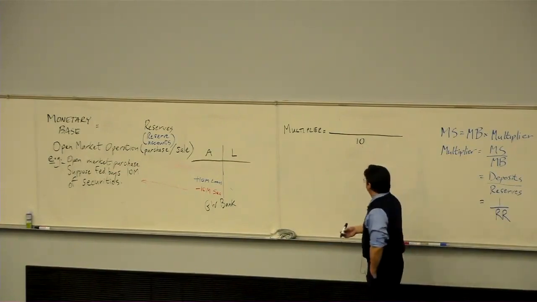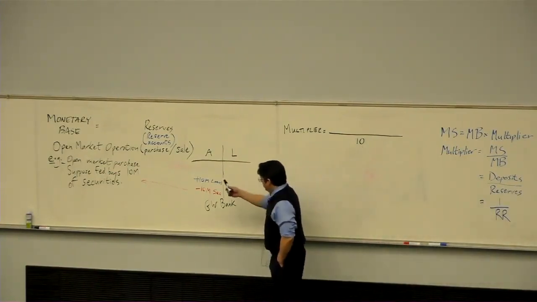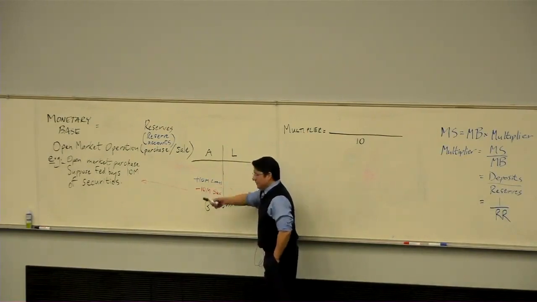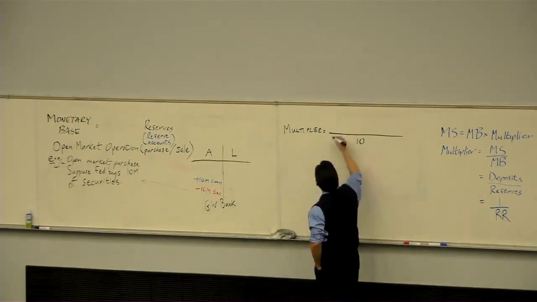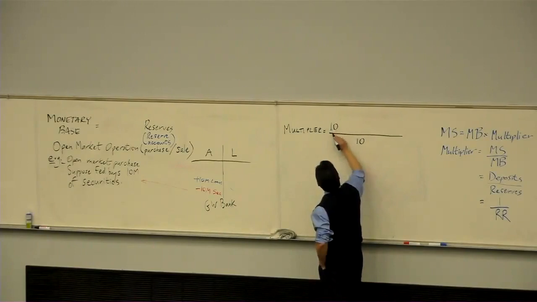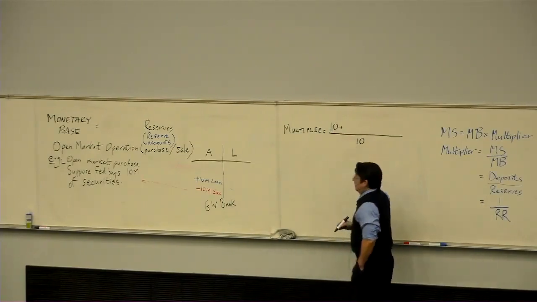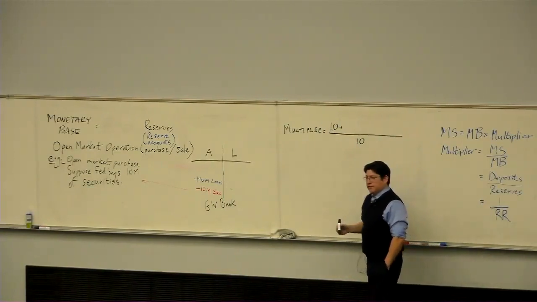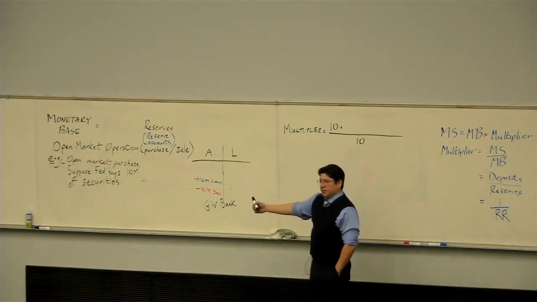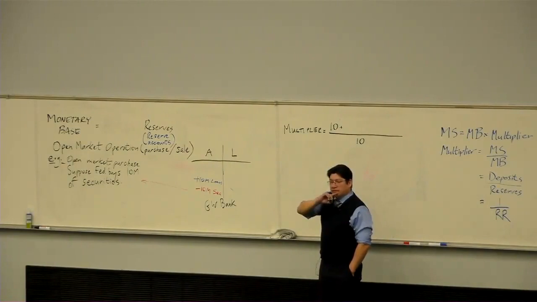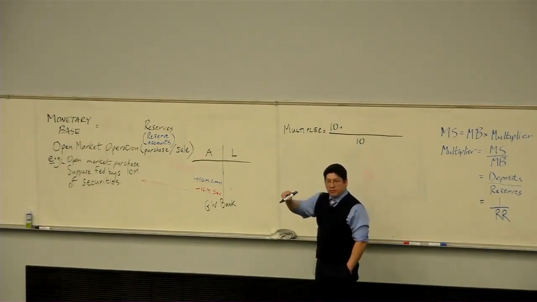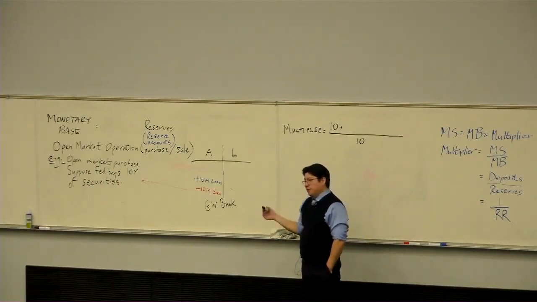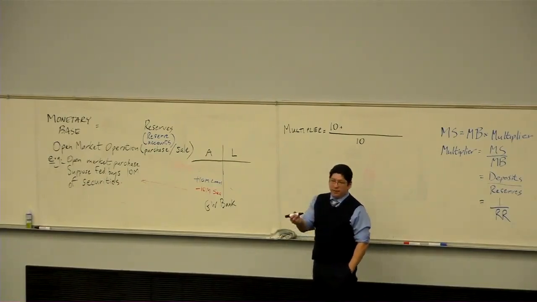The first time, the bank got the reserves, made the loan, gave them to you, and you spent 10. Then 90% of that was lent and spent somewhere else. Where did 90% come from? Well, it was 1 minus the reserve ratio. The reserve ratio was 10%, so the remainder is 90%.